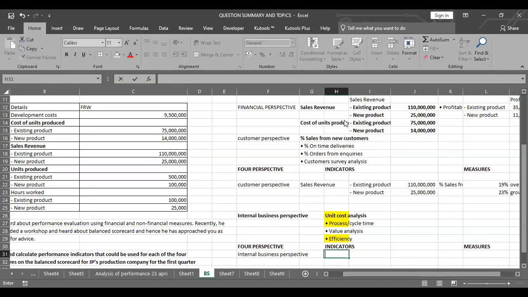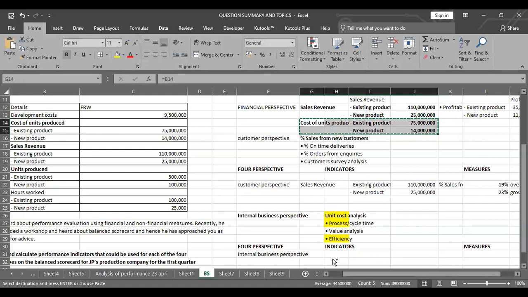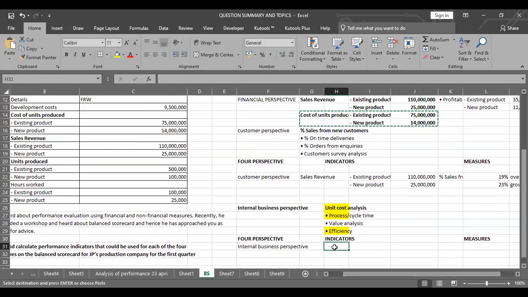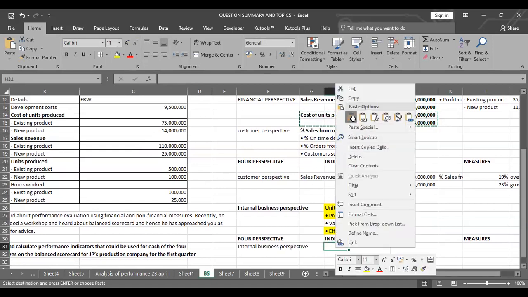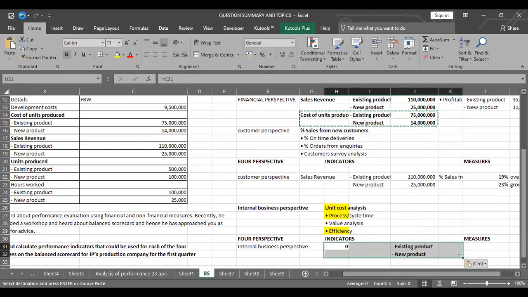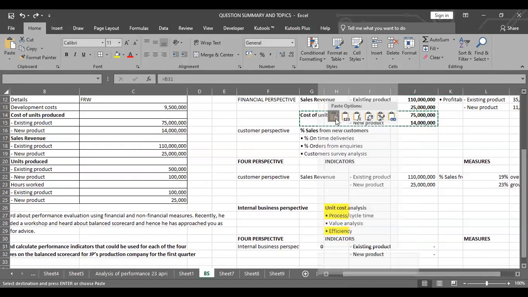I could pick it from here. I'm going to use that to check the unit cost analysis and see which is my indicator of what I want to measure. And I think from that point, I could easily use it for that. Sorry for that, I think there is some issue here which is bringing a problem. I could paste here.